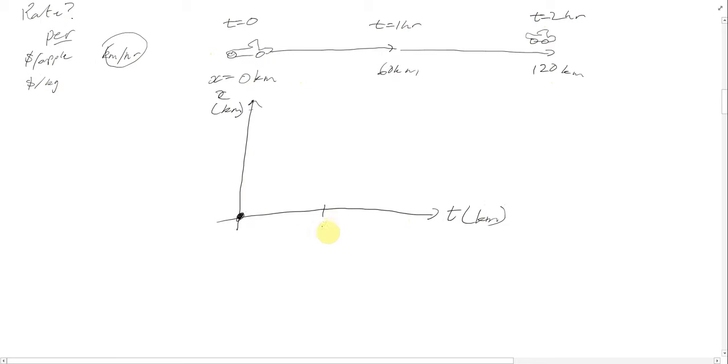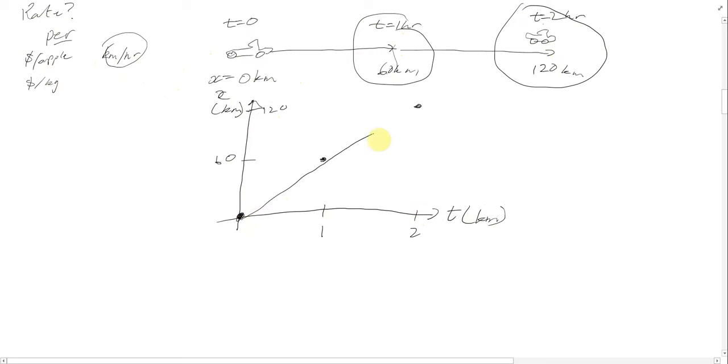Then after 1 hour, they've gone 60 kilometers. There they are. And after another hour, so time is 2 hours, they've gone 120 kilometers. So that up there is 120. There's the next point. And there's our line. Cool.